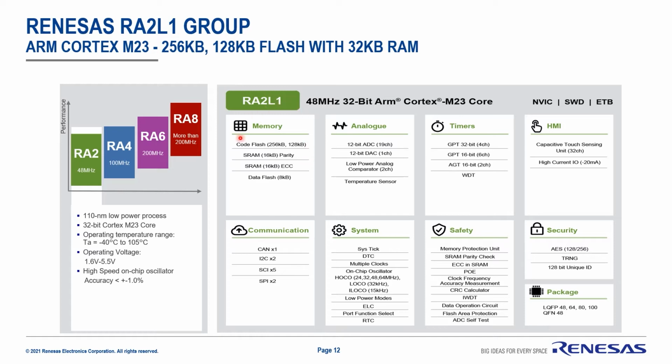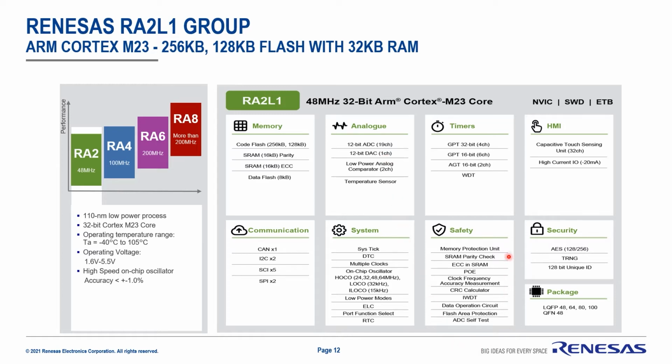Concerning the flash, up to 256 kilobytes of flash. We keep our data flash up to 8 kilobytes. Concerning the communication IP, we can offer a CAN interface in this device. We embed advanced analog options, 12-bit ADC, 12-bit DAC.